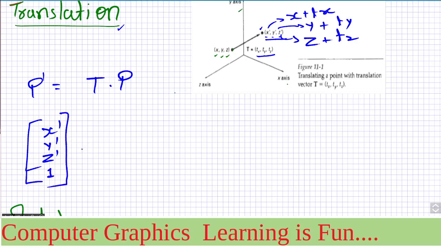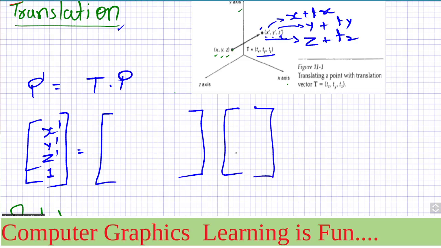Then how can you represent it with a homogeneous coordinate multiplication? Earlier in 2-dimensional translation, you were having x, y and 1. Now you will have x, y, z and 1. So here the matrix will be 4 cross 4. As earlier it was 3 cross 3, now you will have 4 cross 4.